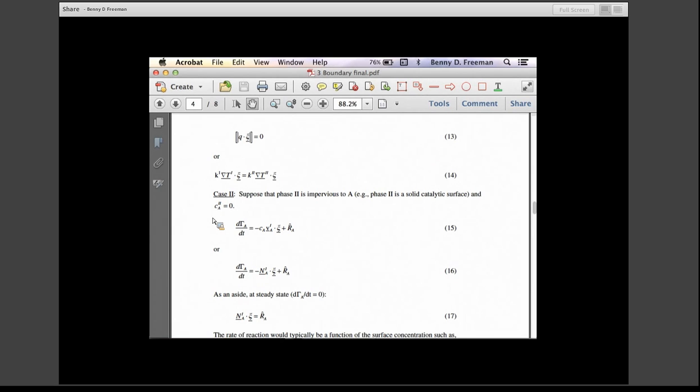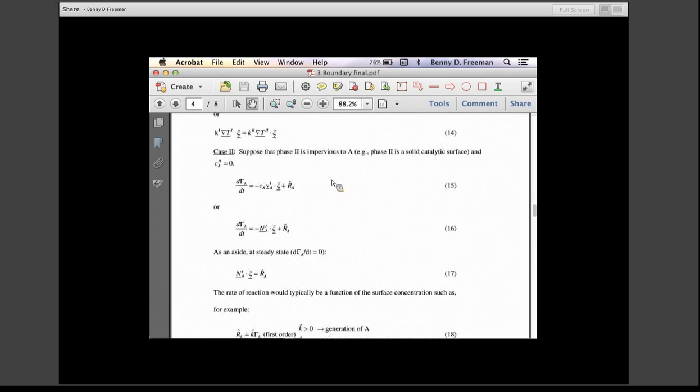And if you put this into the general mass balance equation, the result you get is shown here. And I can rewrite that using the definition of total molar flux as C sub A times V sub A. I can write it as shown here.